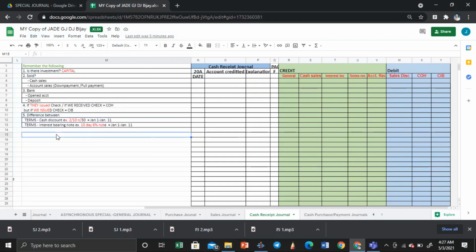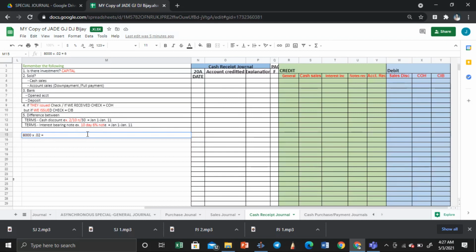Kay cash discount kasi, magkakamap ka lang dun sa principal amount. Let's say for example, 8,000. Multiply mo lang siya sa 0.02. Ito yung terms na pinag-usapan natin na 2/10. I-compute na natin, 8,000 multiply mo by 0.02.